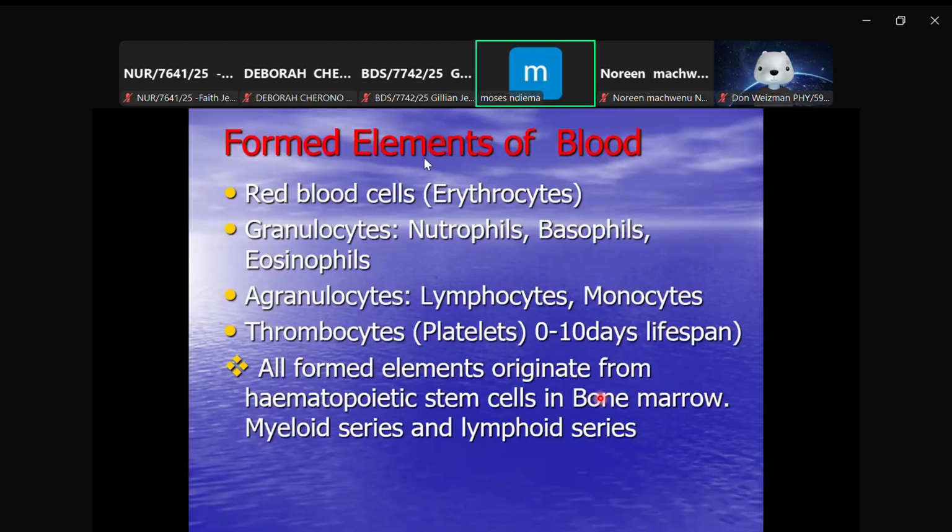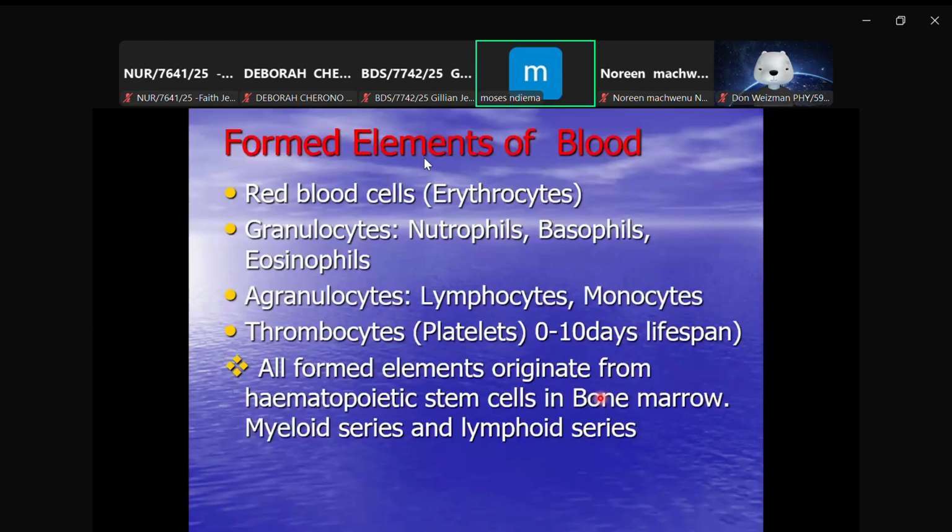We have the myeloid series and the lymphoid series. We are going to see which cells originate from each. In general, apart from the lymphocytes, all the other formed elements originate from the myeloid series. So they originate from a common cell, the myeloblast, after the stem cells have been formed.